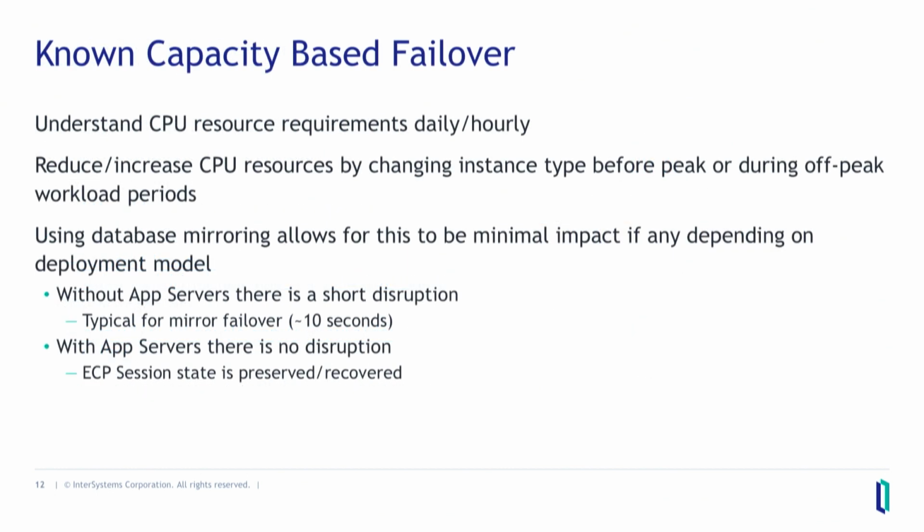So I talked about application servers, where you can get into scaling it, either a manual process where you add them right before your morning hours and take them off in the evening, so at night you have not over-allocated resources. But then there's also, if we talk about the database tier, where it's more of a known capacity based.